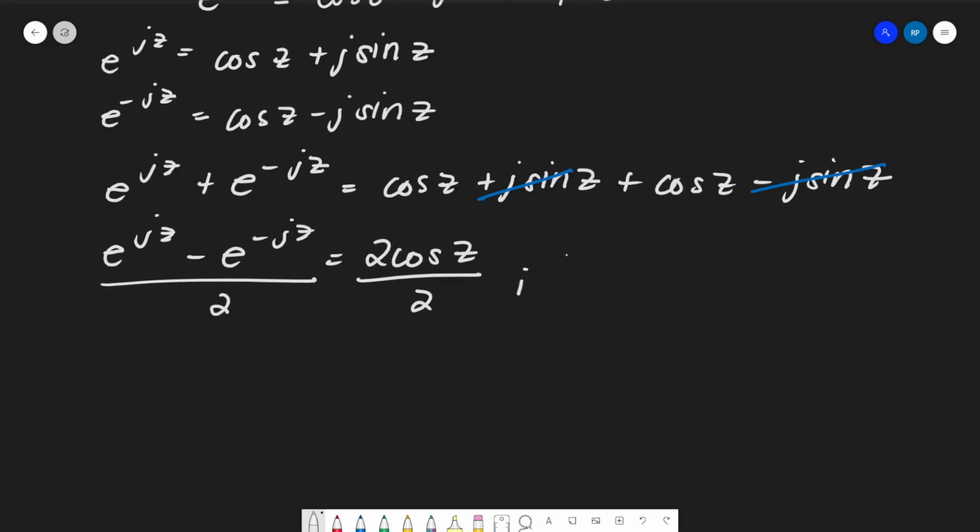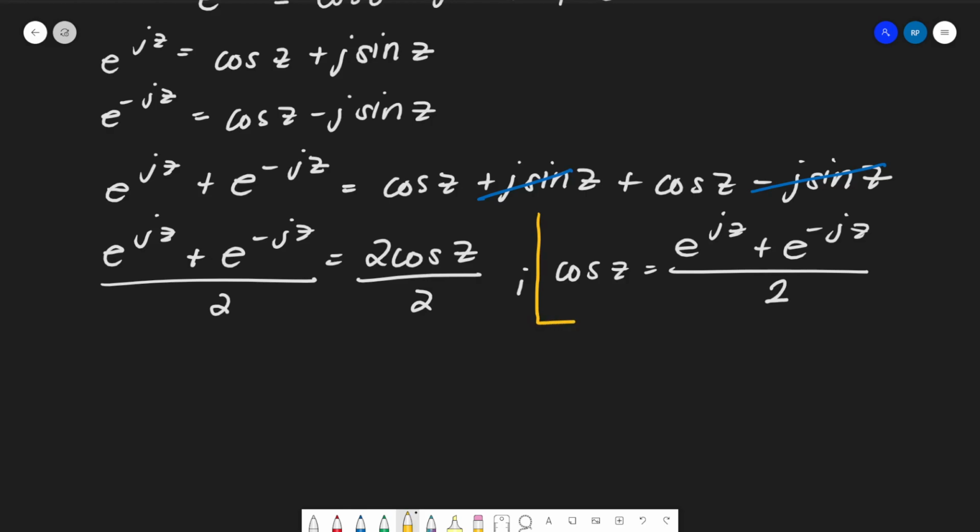Therefore, we can simply say that cosine z is equal to e raised to jz plus e raised to negative jz over 2. This is our first formula.